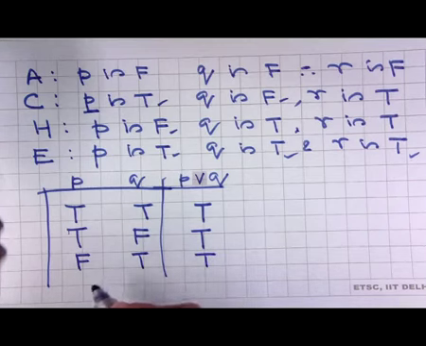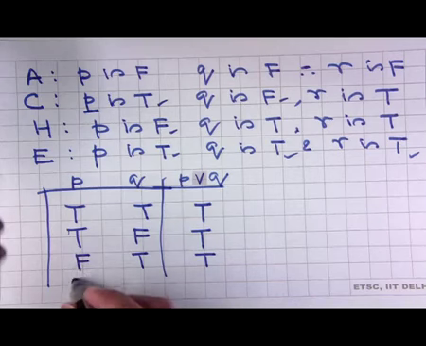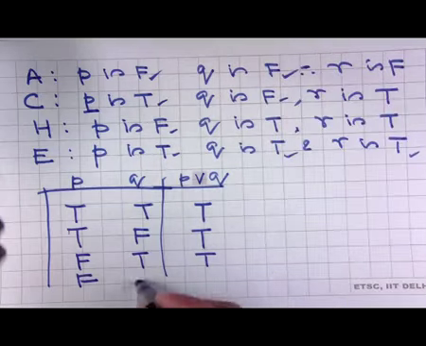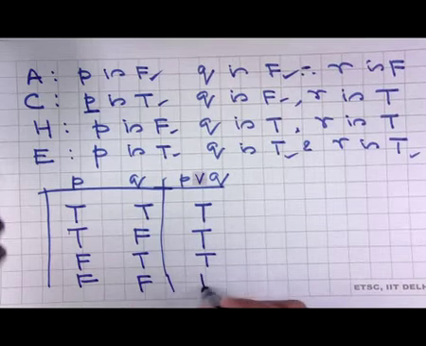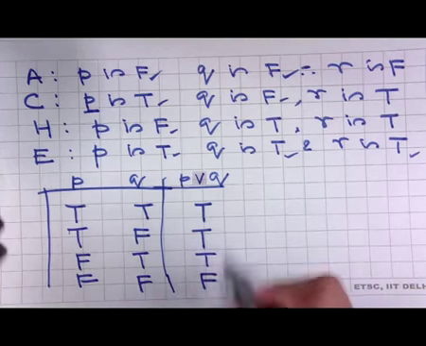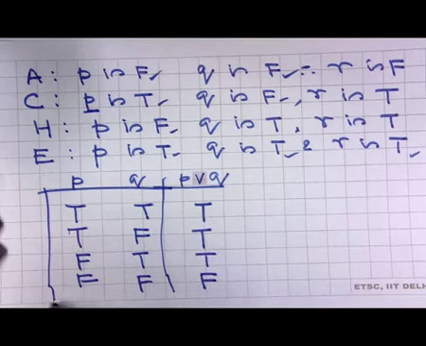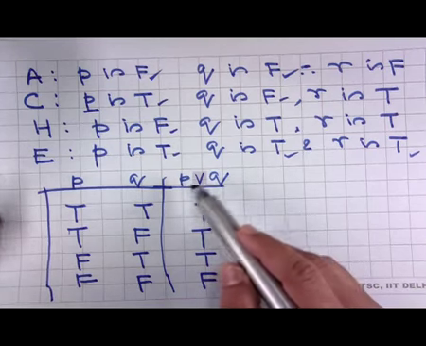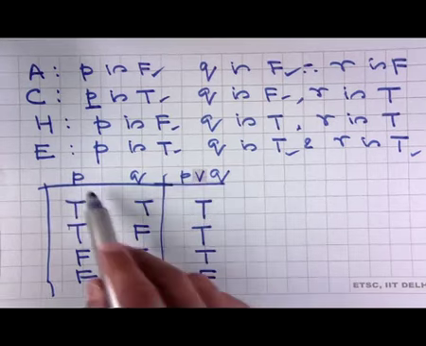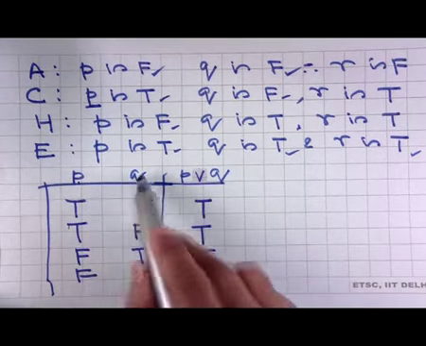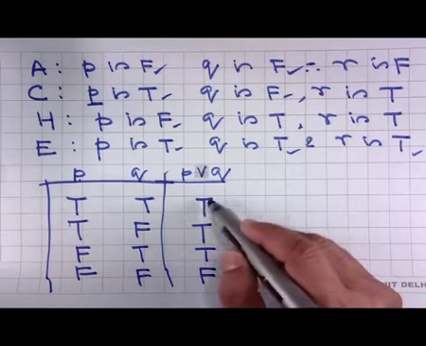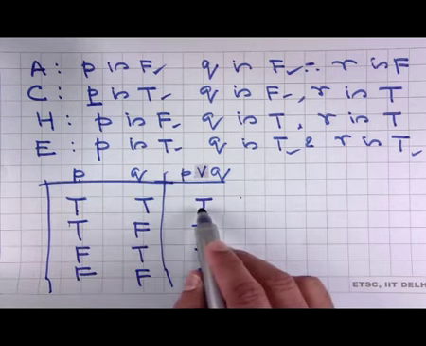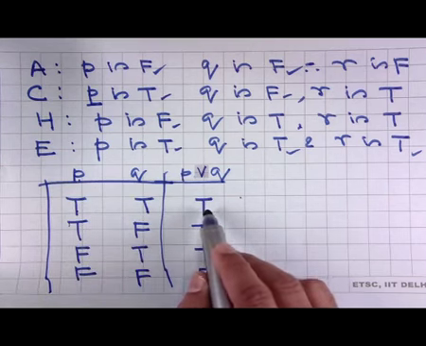And if P is false and Q is false, then R is false. So, that gives us the rules for constructing the truth values for a statement which is the disjunction of two statements P and Q. If P is true and Q is true, then P or Q is true, and this is going to be the truth value.